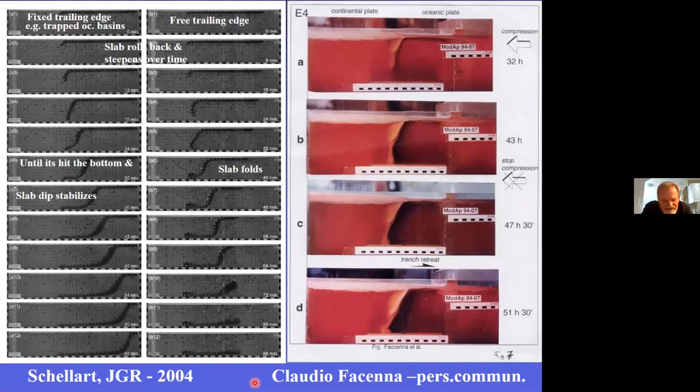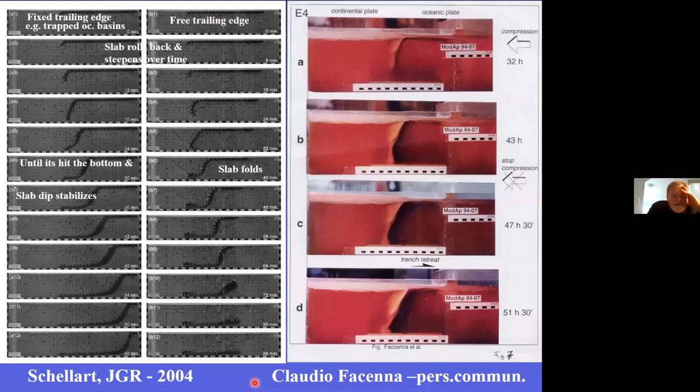And you could imagine, because there is no driving mechanism to underthrust the trailing margin underneath the continent that sits to the north of it, in this case Europe, there will not be much force to drive this thing underneath it.